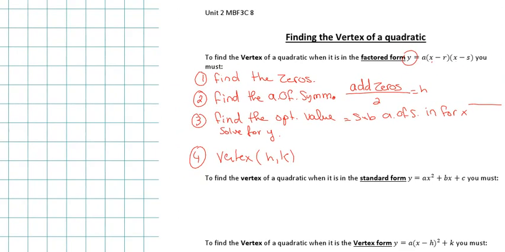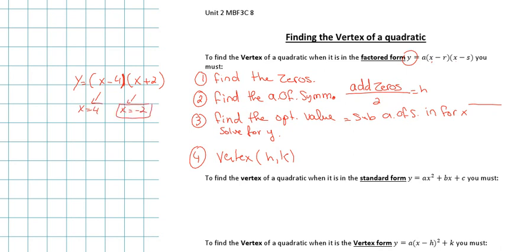So let's say I have y equals (x minus 4)(x plus 2). That's factored form, right? Step number 1, find your zeros. What are your zeros? Negative 4 and negative 2. Okay? So my zeros are x equals 4, x equals negative 2. Okay?